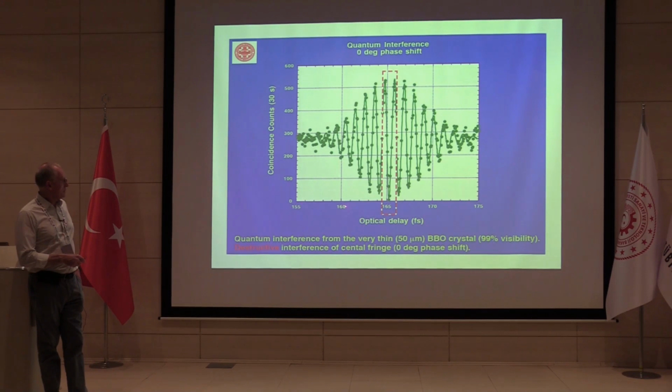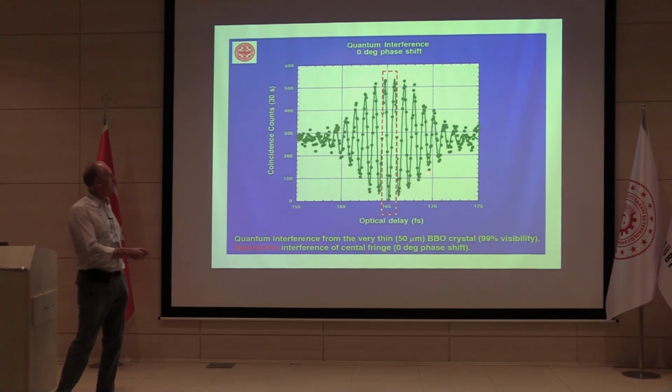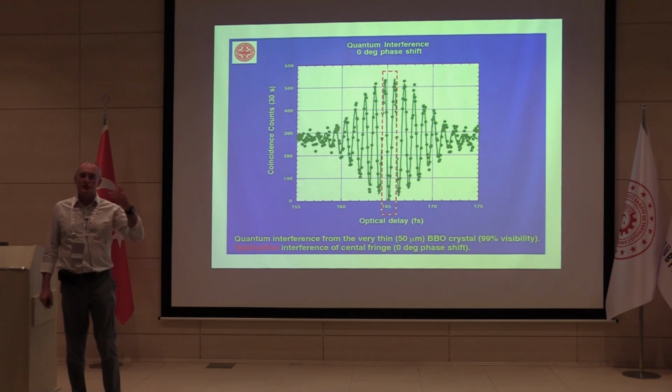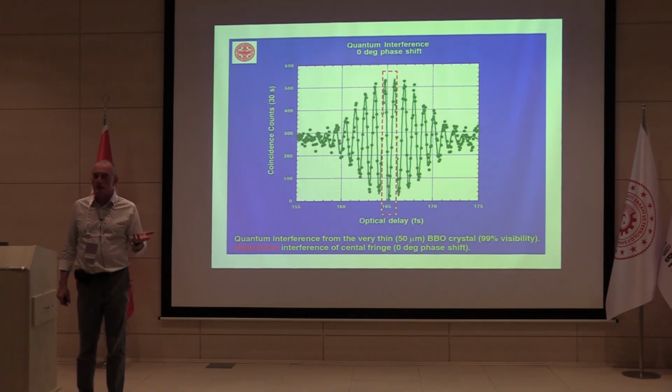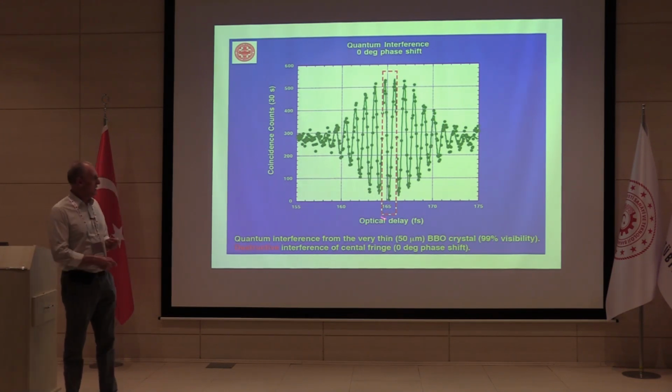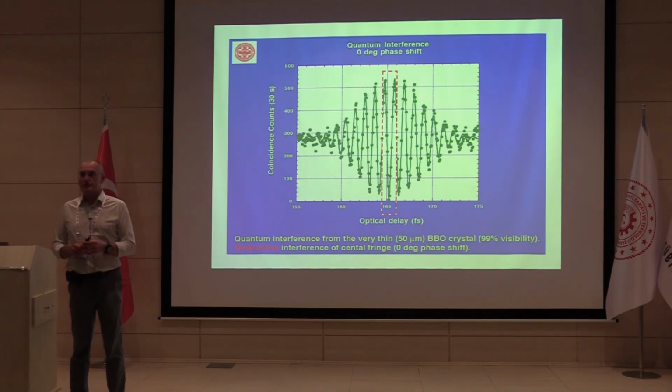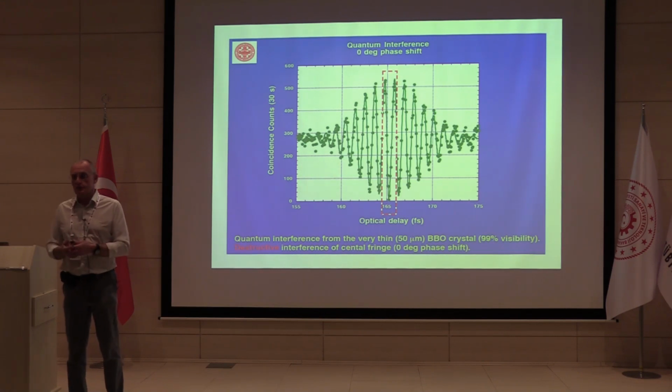It's like 160, 170, basically the full width at half maximum here is 10 femtoseconds. So try to get this interference pattern with a conventional laser. Which means your laser has to be on the order of 10 femtoseconds. Actually, it has to be shorter to get this. Basically, you know the theory of autocorrelation of laser pulses, for example.